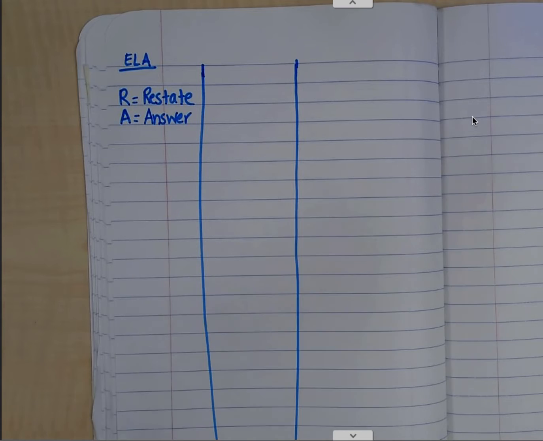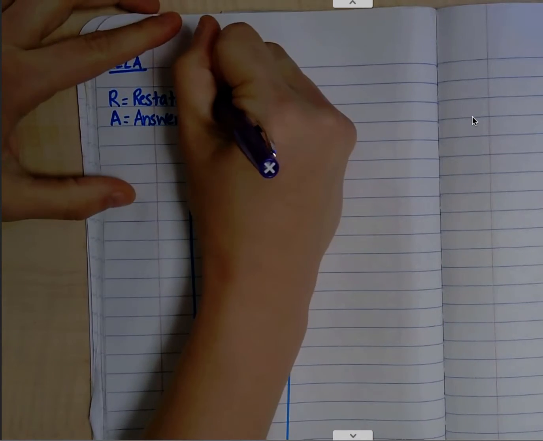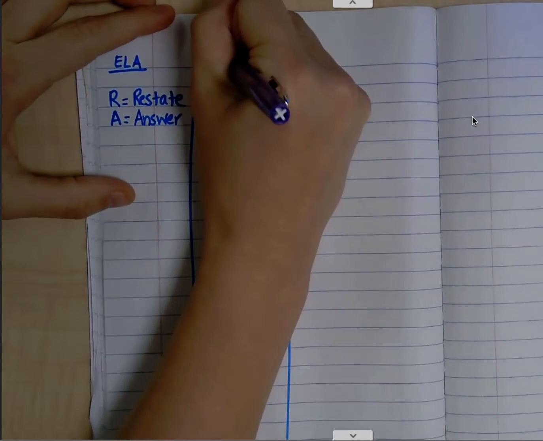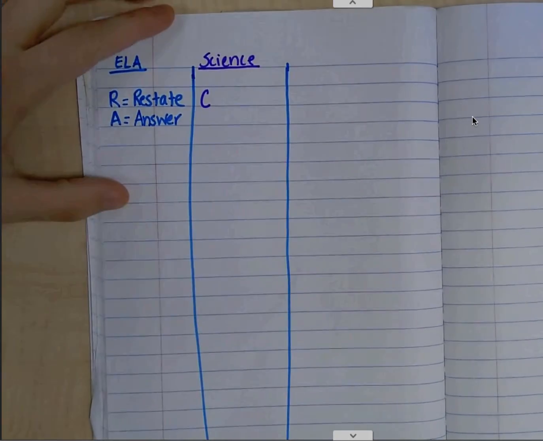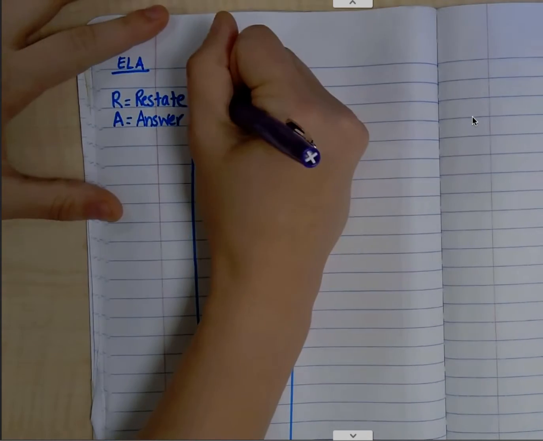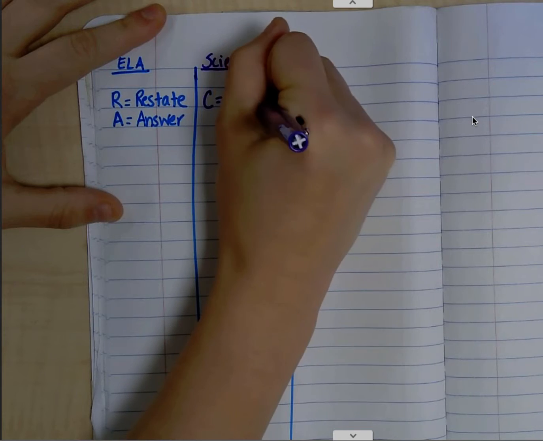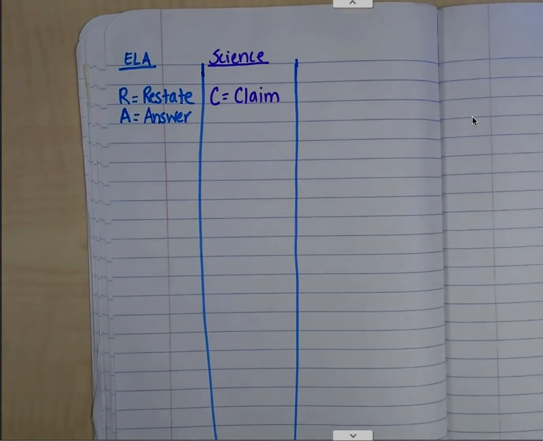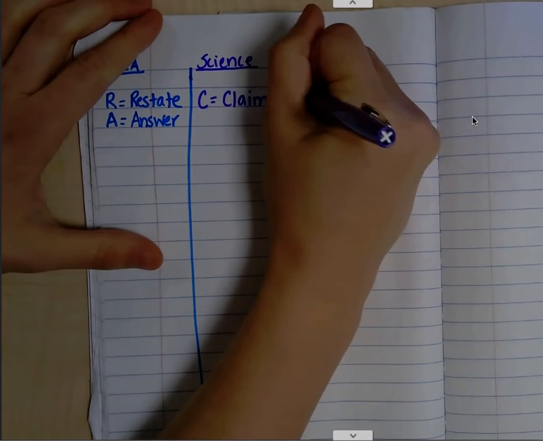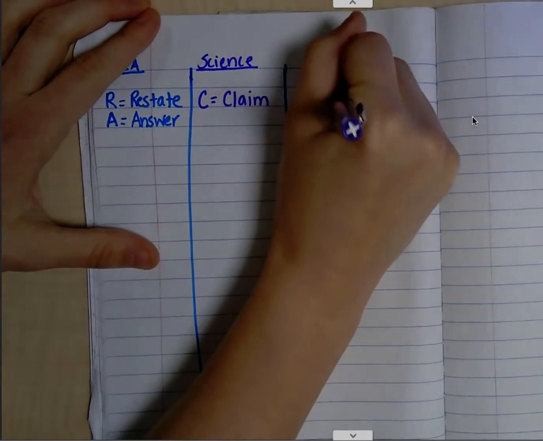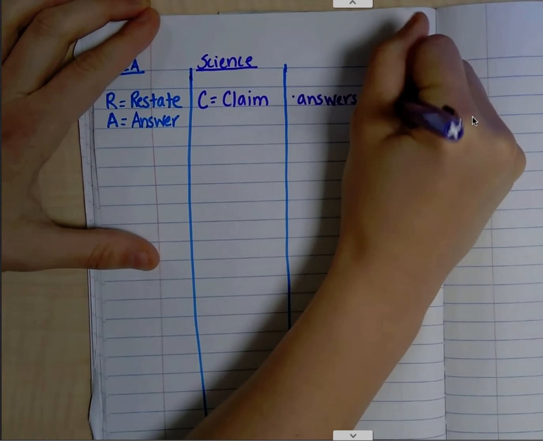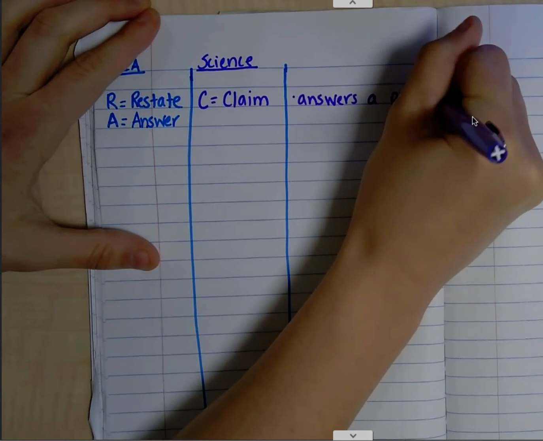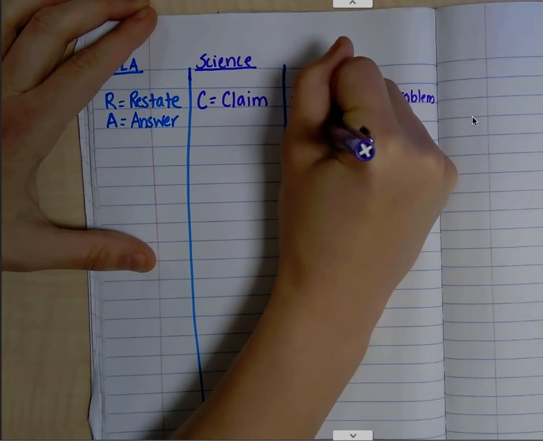So restate your answer. Well, in science, we just call that claim. And so I'm going to write science in my next column over. And that C is going to stand for claim. And when we're talking about a claim in science, all we're talking about is it answers a problem or question.